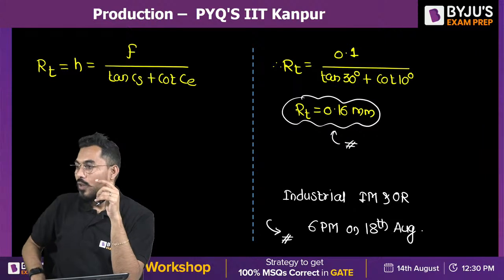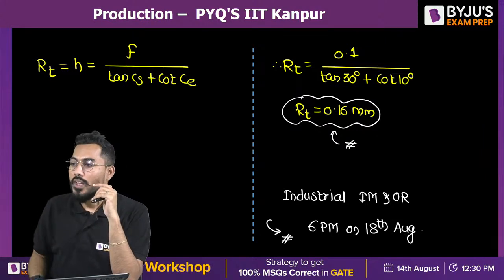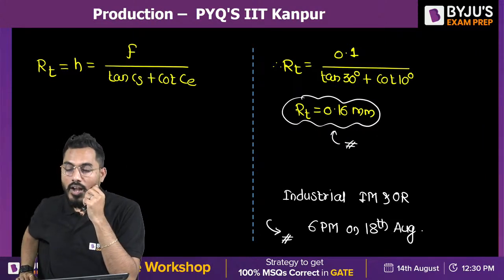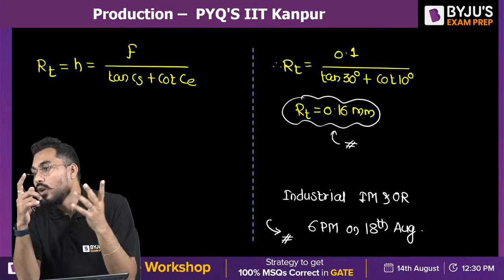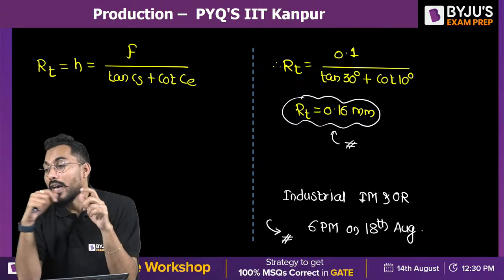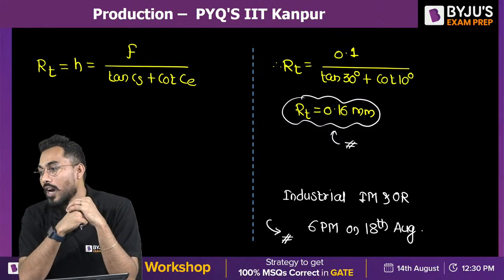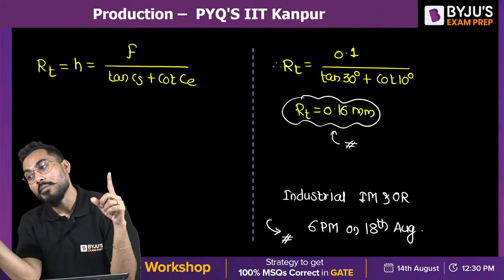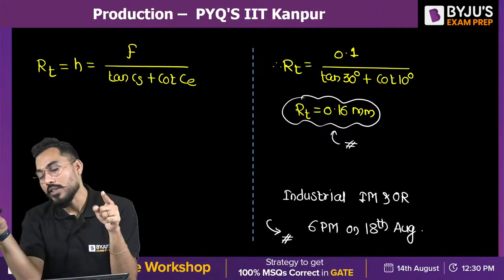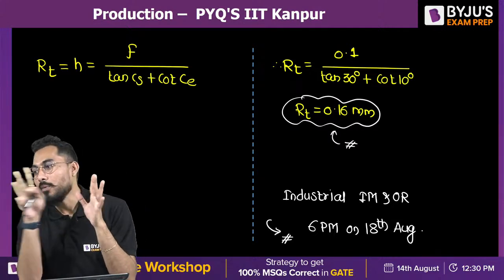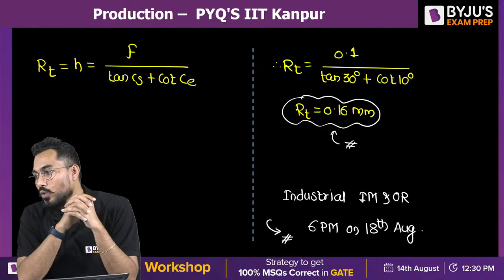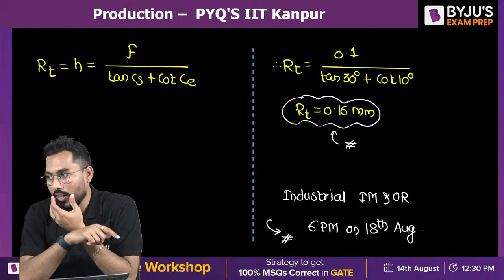Allowance can be 0, positive, or negative. The difference between maximum material limits means: the maximum material limit of the hole is its lower limit and that of the shaft is its higher limit. So lower limit of hole minus higher limit of shaft is called allowance, and that allowance can be 0 also. I hope I'm able to catch your question and solve it.